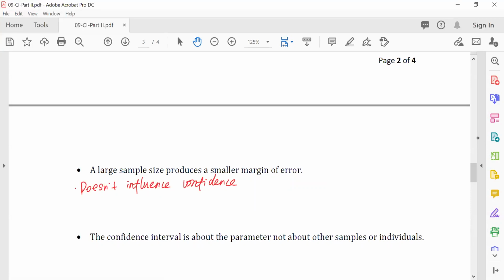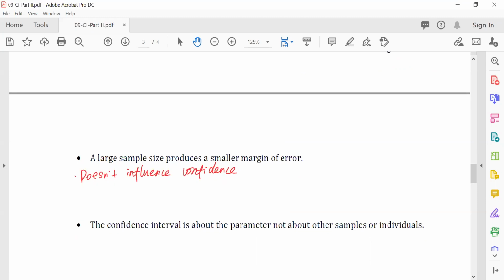Even if you increase your sample size to 1,000 and follow the same formula, you are still getting a 95% confidence interval. It's just that this time you have a smaller margin of error, so you have a narrower confidence interval. You get a more precise estimate of your true population parameter, but it is still 95% confidence. So the sample size doesn't influence the confidence.